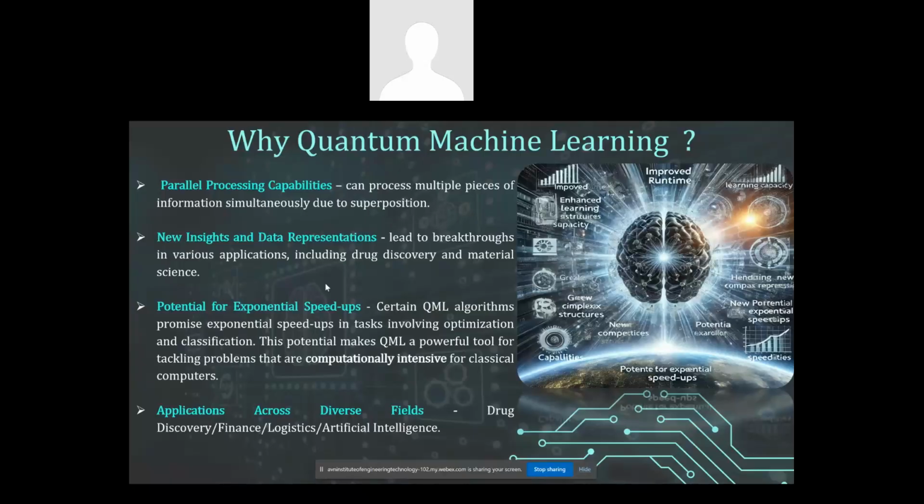That can be an added advantage if we have quantum machine learning. When we compare to classical machine learning, that will not be achieved through classical machine learning. So that is the reason we are going with quantum machine learning.